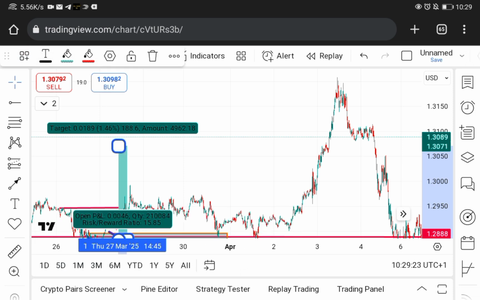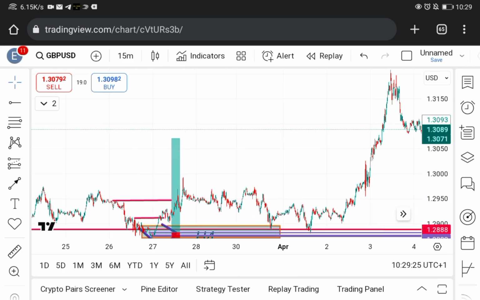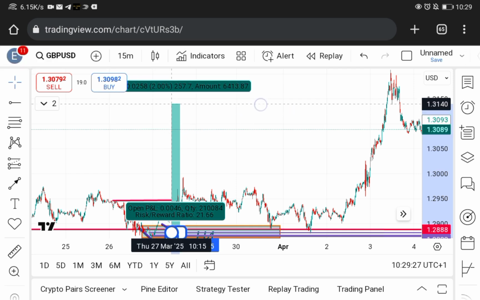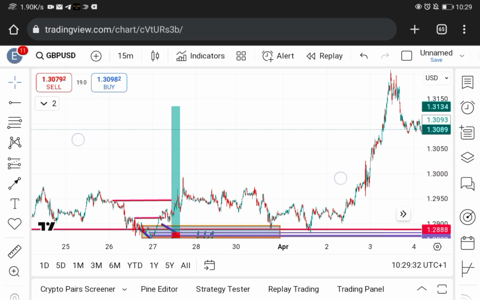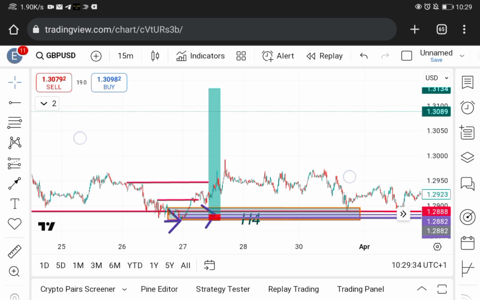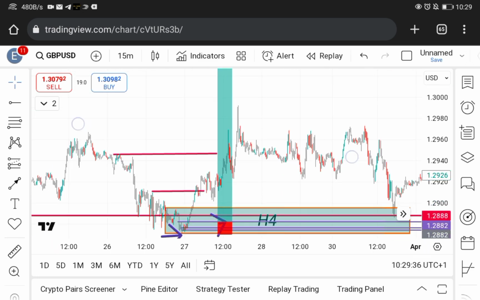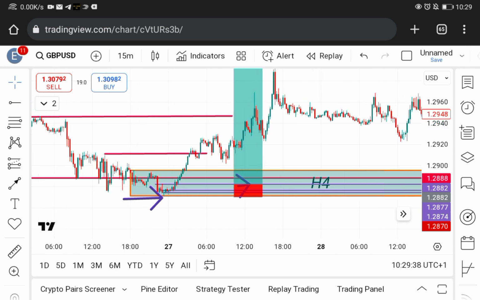That was your 1:15 RR, and here was your 1:20 RR, and you leave the market. This was the currency pair GBPUSD. So this is how you do your top-down analysis from H4 to your M15 for your entry.